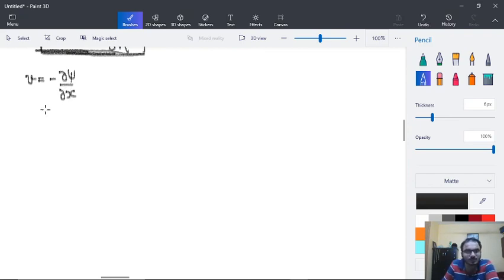So now we can further simplify this as minus del over del x into square root of u infinity nu into x into f of eta.